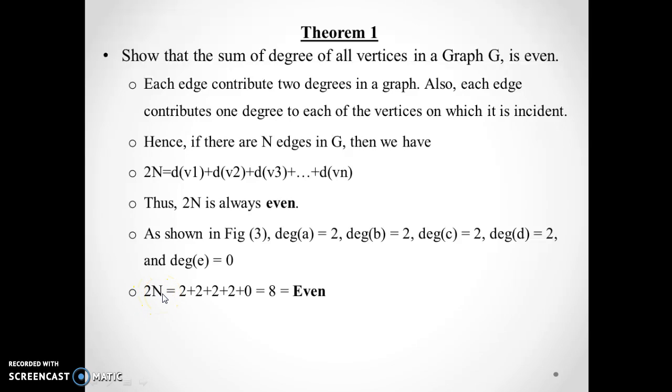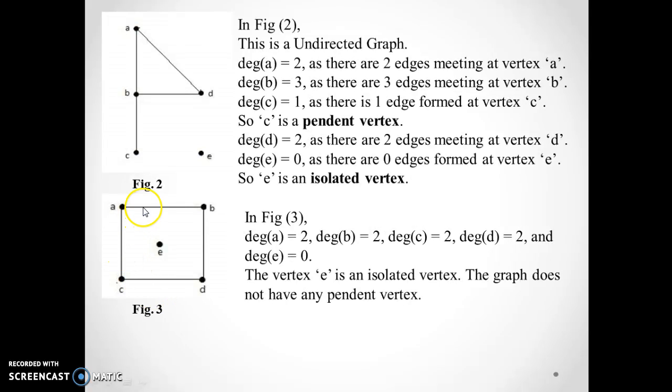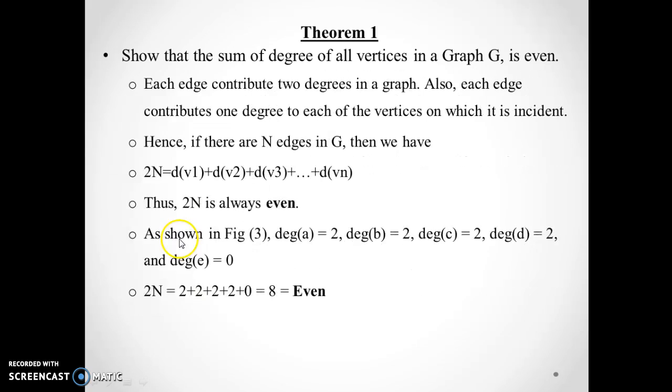As shown in the previous figure, there are 4 edges, 1, 2, 3 and 4. So 4 into 2 is equal to 8, and 8 is the sum of degrees of all vertices, and it always comes out as an even number.